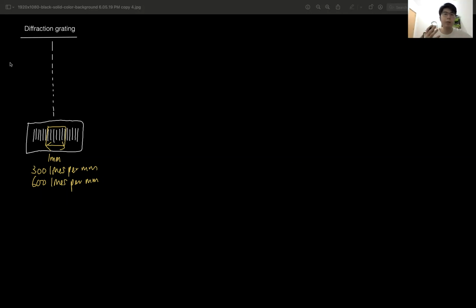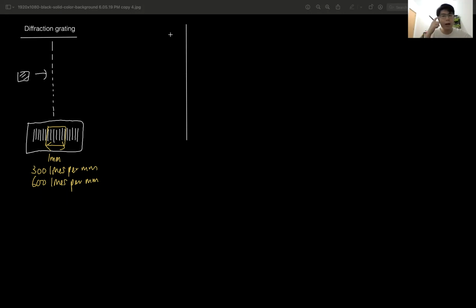Why? When you shine the light on it, the light you see on the screen is brighter than the double slit, because you are letting more light go through. So if the maxima is brighter, it's very easy for you to take measurements.